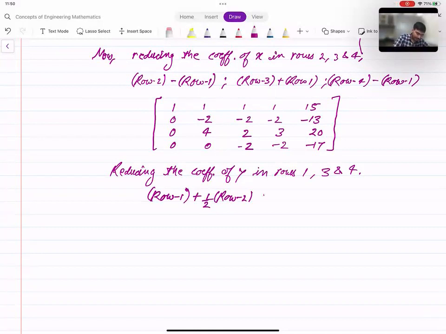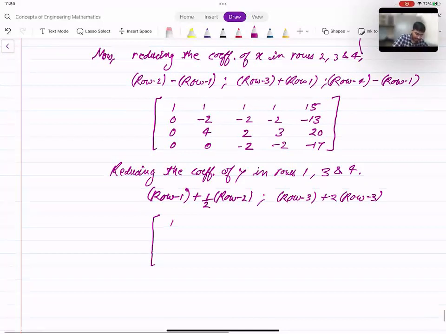And again, for row 3, we can add twice of row 2 to row 3. So the y coefficient will be reduced. This will result in the following. Row 1 is half of row 2 added, so here nothing will change.